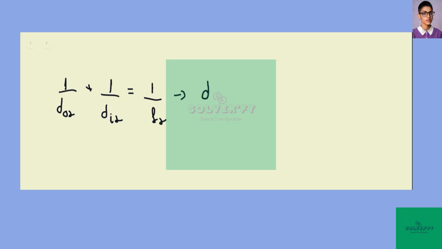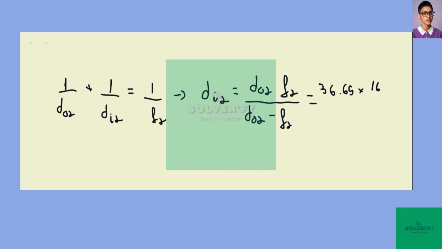And again, solving for the image, we get the distance of the object times the focal length divided by the distance of the object minus the focal length. And this is 35.65 times 16 centimeters divided by 35.65 minus 16, and this is 29.35 centimeters.